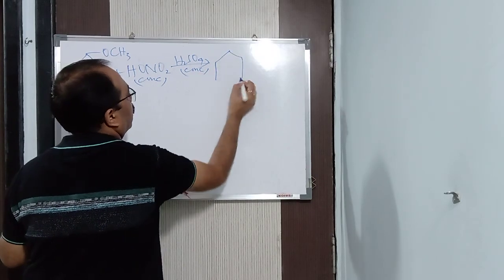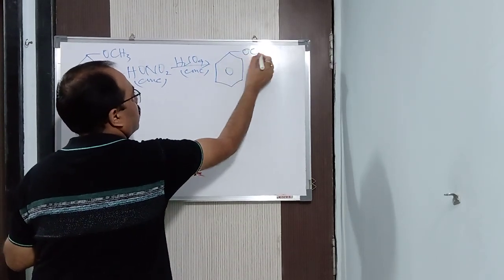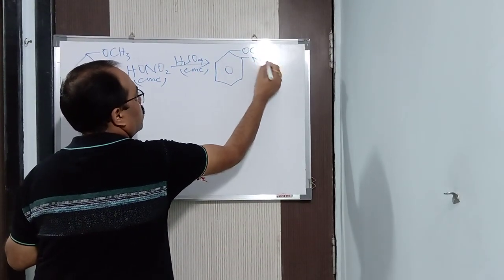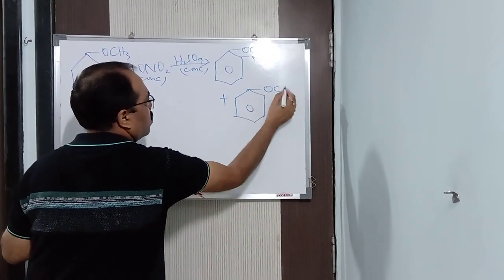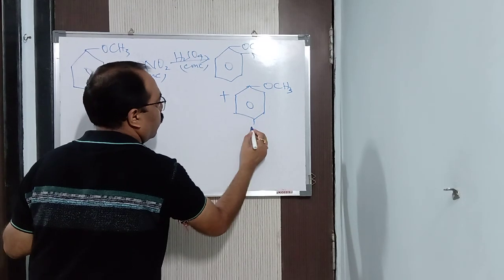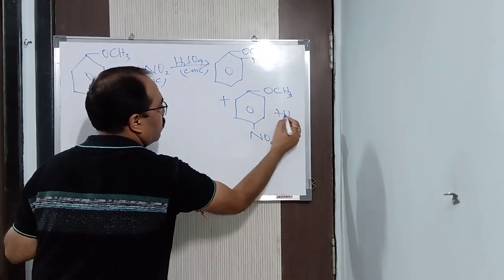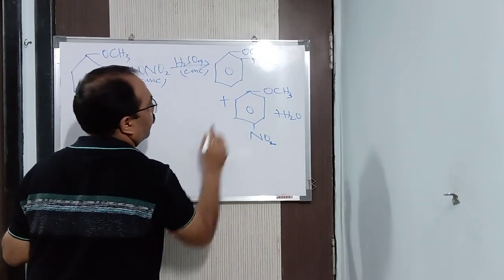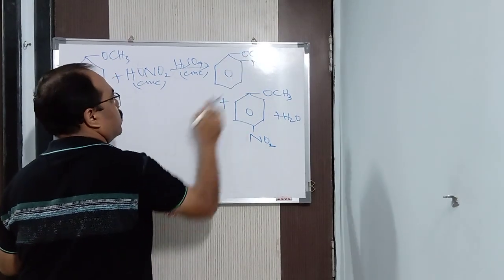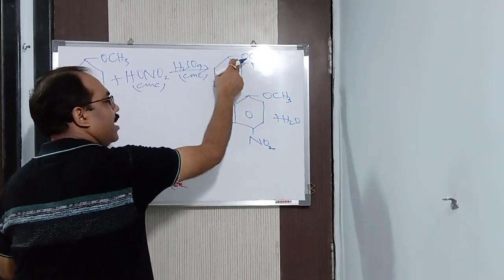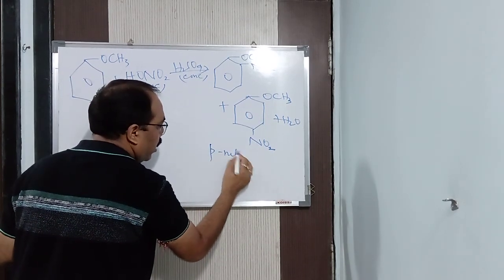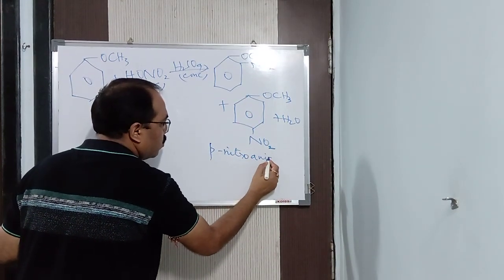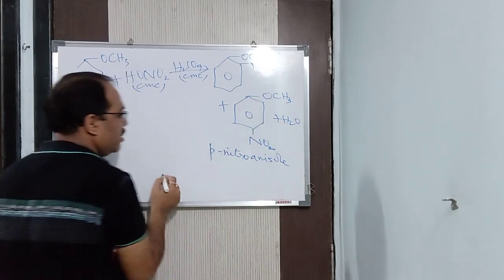What I am going to get is OCH3 with NO2 at the second position, plus OCH3 with NO2 at the fourth position, plus water. Here the nitro group is not the primary functional group, so it is ortho-nitroanisole, and this is para-nitroanisole, because benzene ring with OCH3 is anisole.